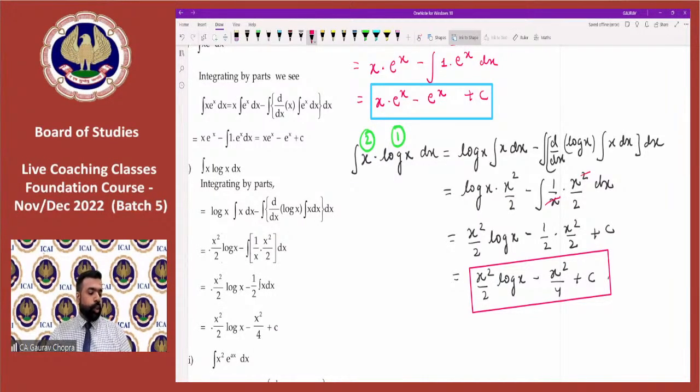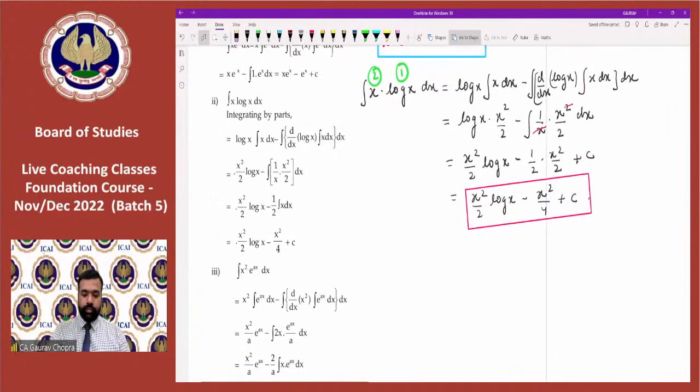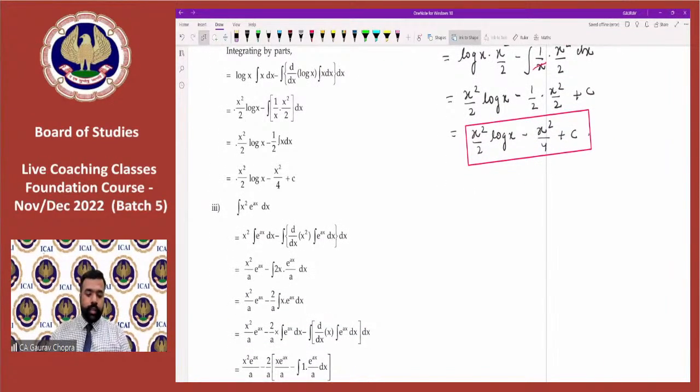Okay, Priyanka has joined the session now, saying good afternoon. So after this, the third one, let us try third also.